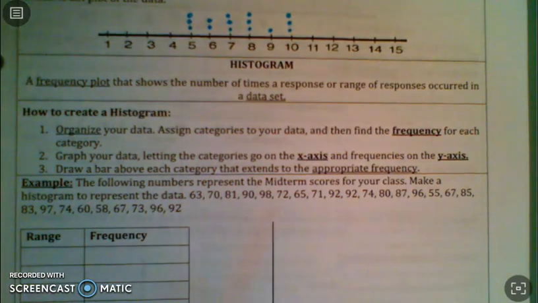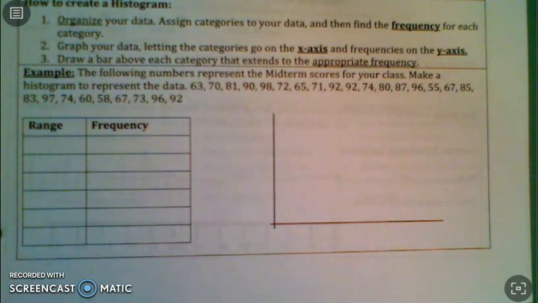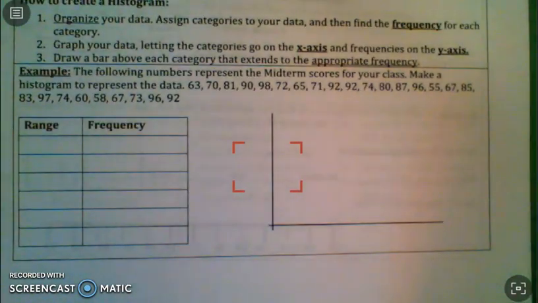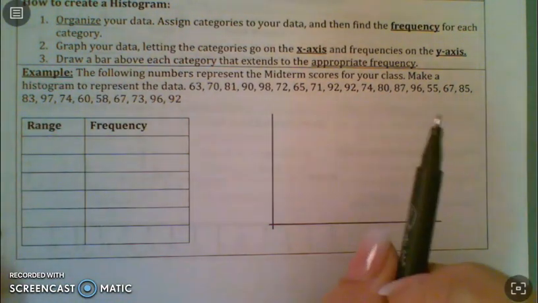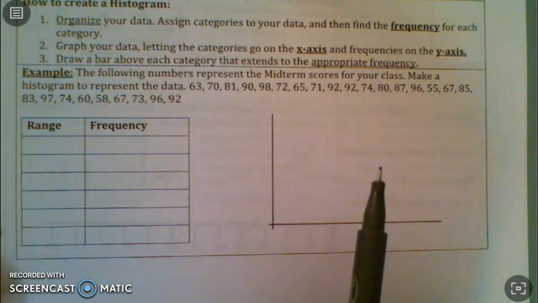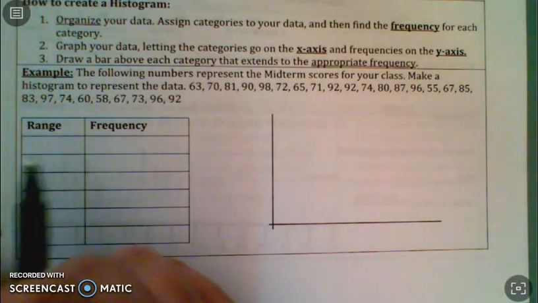So let's see this example. The following numbers represent the midterm scores for your class. Make a histogram that represents the data. So let's see. So when we're looking at these, we have numbers that are in the 50s, 60s, 70s, 80s, and so on. We don't have any numbers less than in the 50s, so 50s is going to be our first range.